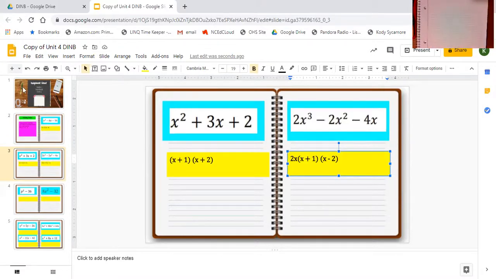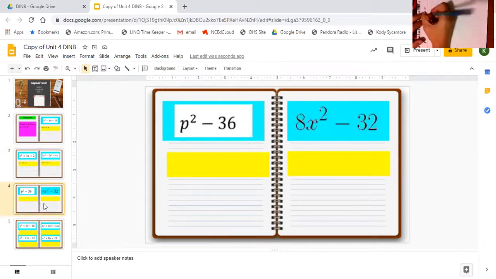All right, let's do slide 4 now. Slide 4 has two problems, p squared minus 36, and then we're going to do 8x squared minus 32. All right, p squared minus 36, there's two ways that you can do this problem.